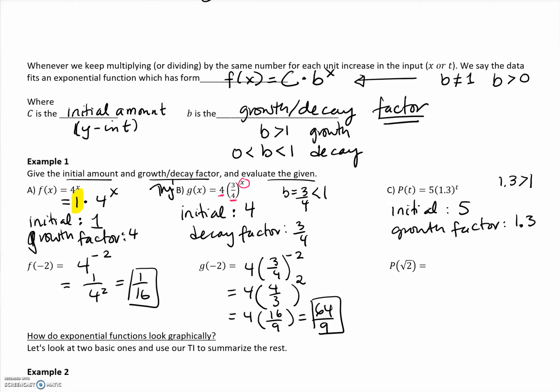And this time we're evaluating f of √2, so we'll have to approximate using our calculator. So √2 is an irrational number, about 1.41 or so. So let's go punch it into our TI.